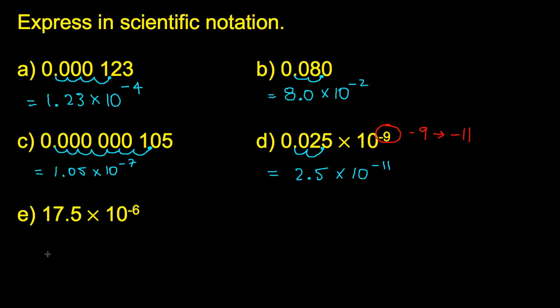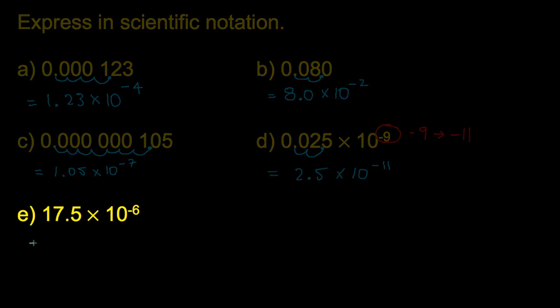That works in reverse. If we have 17.5 times 10 to the negative 6, well, I have 2 digits, or in other words, the number 17, to the left of the decimal. I only want 1 digit. So I need to move that decimal 1 place actually to the left.